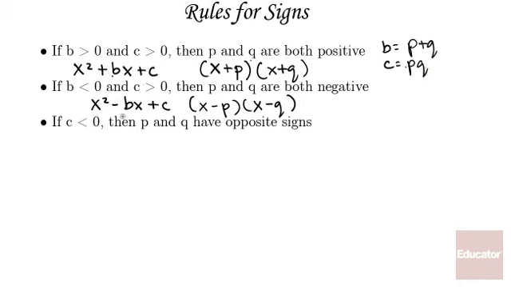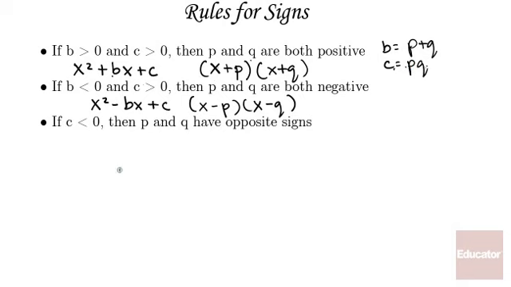That checks out. But in order for b to be negative, I can't have two positive numbers here. A positive times a positive would give me a positive, but then it wouldn't check out for the sum. The only way I'm going to get a product that is positive and a sum that is negative is by having p and q be negative numbers.